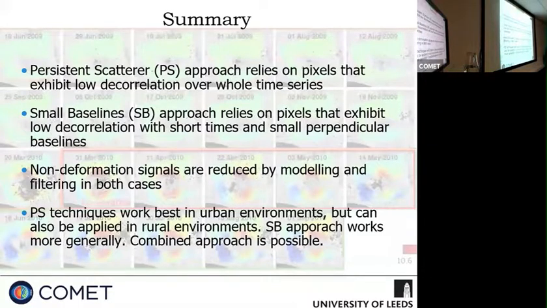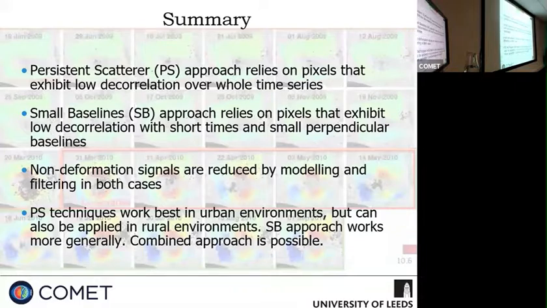So to summarize everything we've covered today, which is quite a lot: persistent scatterer relies on very stable pixels which have a dominant scatterer. Small baseline methods are a bit less strict in the points selected. It does that by minimizing the temporal baselines, so maximizing coherence in your interferograms.